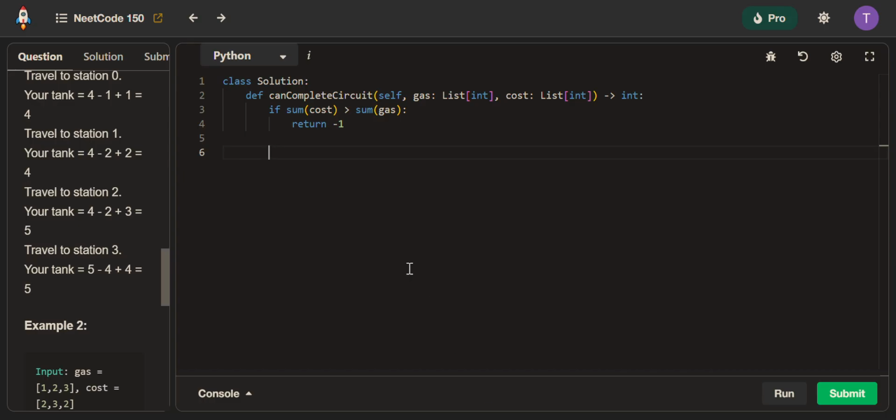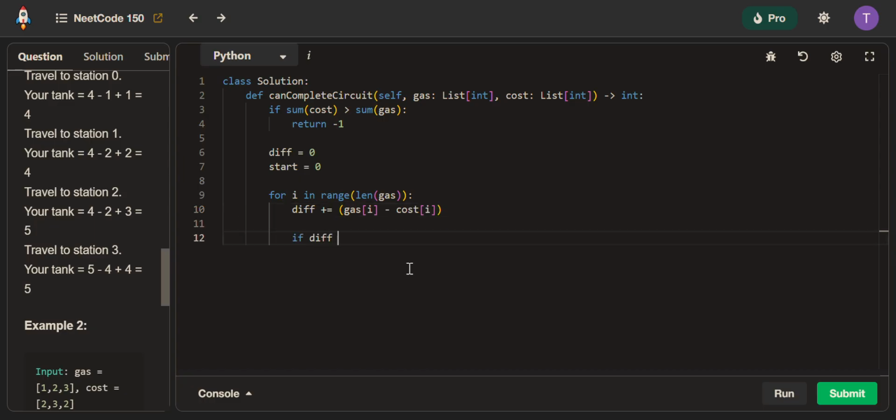So what I'm doing is that I'm going to create a difference of 0, and I will create a starting index of 0. And I'll go through every single number. So I'll say for i in the range of gas, I want to say that the difference plus-equals the gas at this index that we can get minus the cost we'll need to pay to go there.